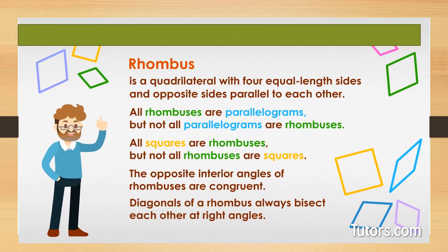I'll go with the next topic, rhombus. Rhombus is a quadrilateral. All the diagrams are quadrilaterals only. Rhombus is a quadrilateral with 4 equal sides. Rhombus in the sense 4 equal sides and opposite sides parallel to each other. These two sides are parallel.